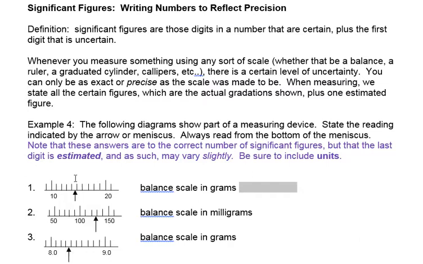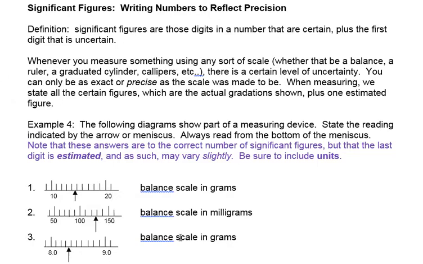So if we look at this first example right here, we've got a scale that's at this point. We can see that it's between 10 and 20, and in fact we can count over and see it's between 14 and 15. So we estimate exactly how far that is between 14 and 15.